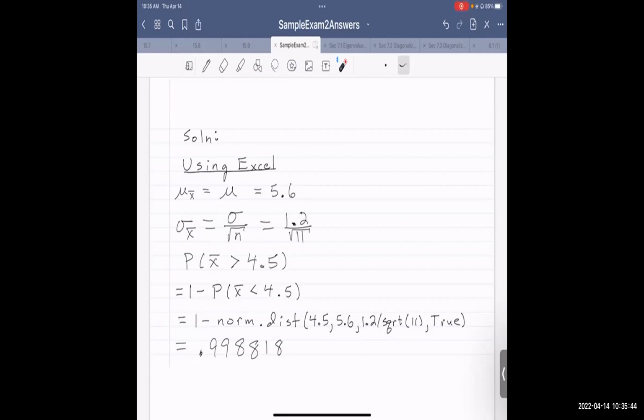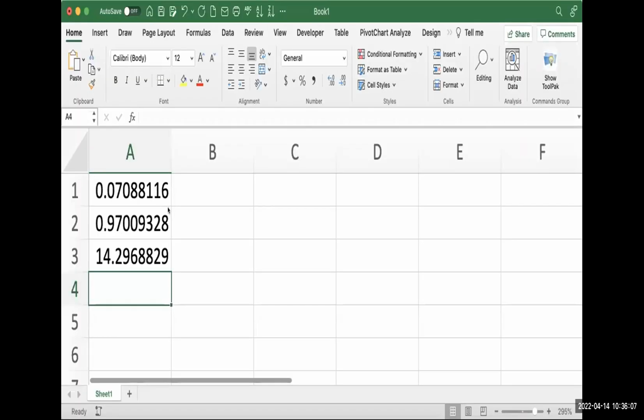And so let's do 1 minus the normal distribution. I'll start at 4.5 and find everything less than 4.5, with a mean of 5.6 and a standard deviation of 1.2 over the square root of 11. And I want this to be a cumulative area. So let me type that into Excel.